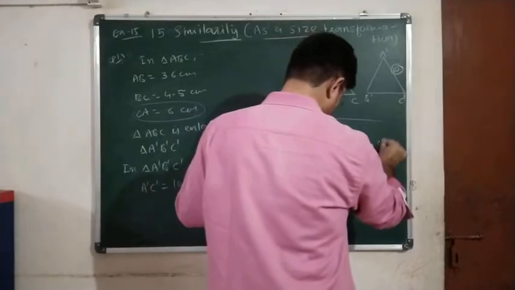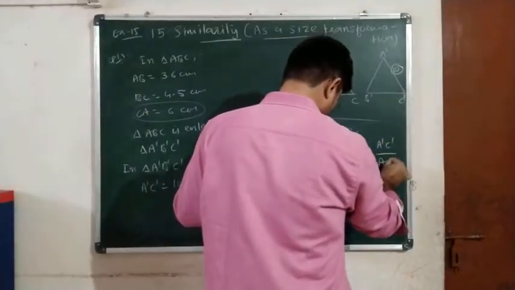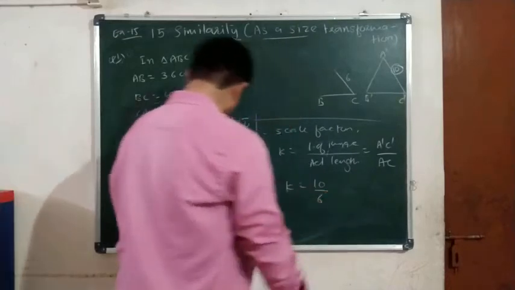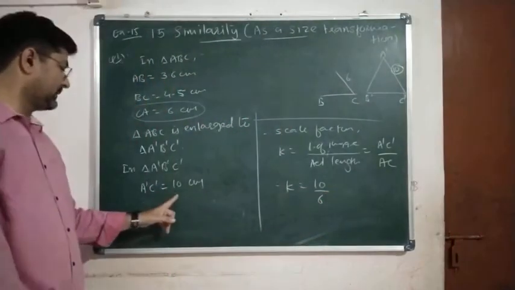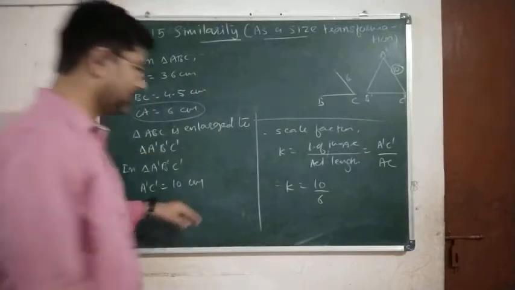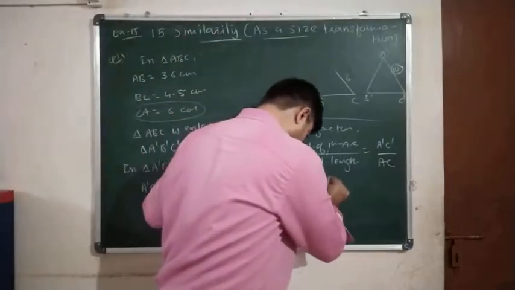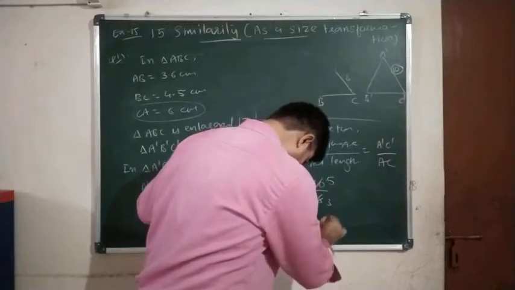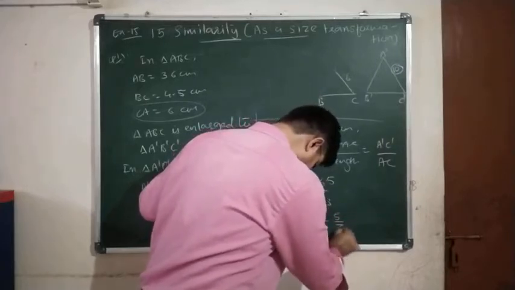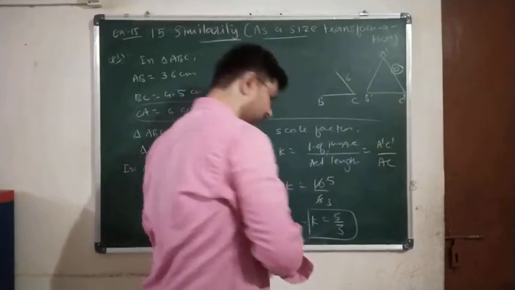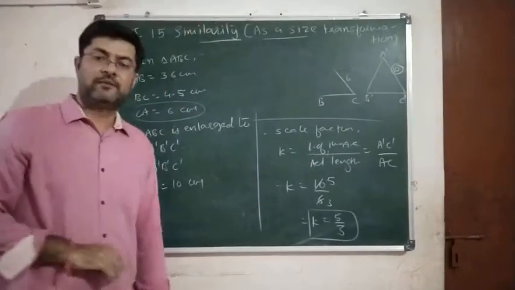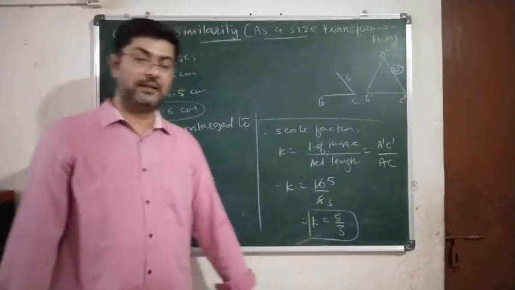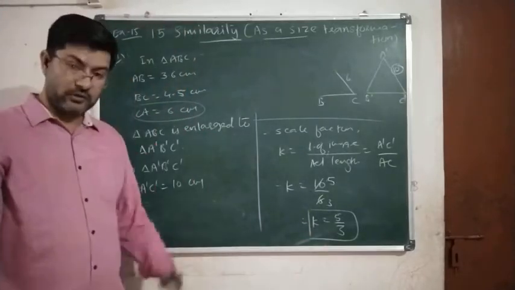Okay, so image is A'C' upon actual length AC. Therefore K is equal to 10 by 6, because A'C' is 10 and CA is 6. Now reduce by 2: 2 fives are 10 and 2 threes are 6, therefore K is equal to 5 by 3. So this is the scale factor or the enlargement factor, since the value of K is greater than 1. Clear? So we got the value of K.